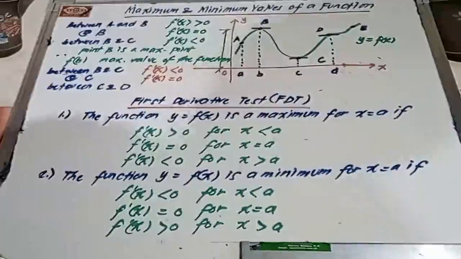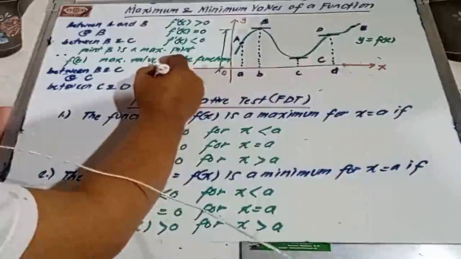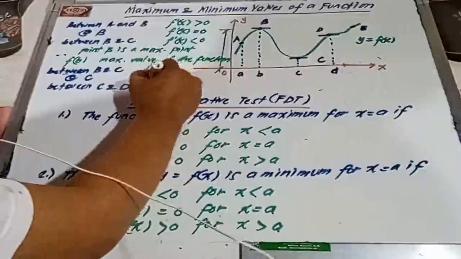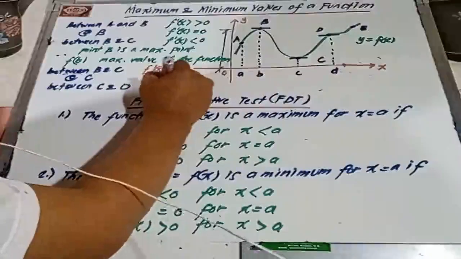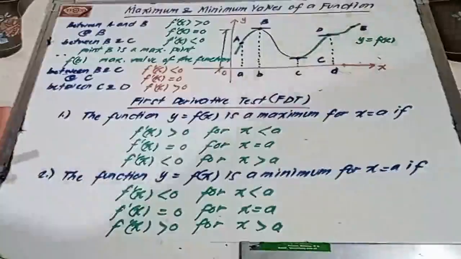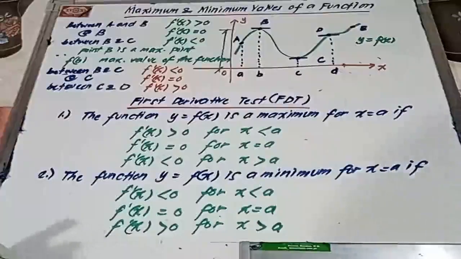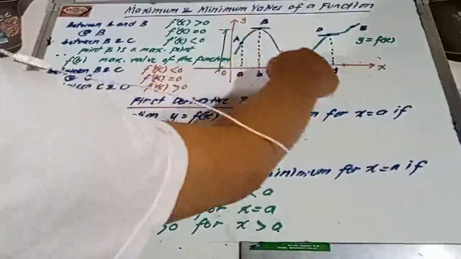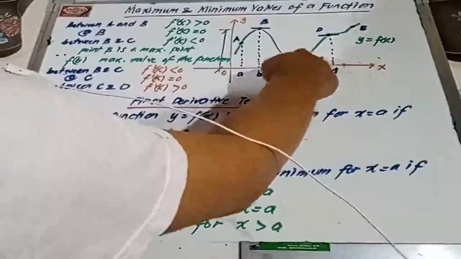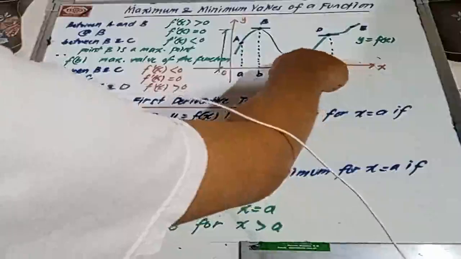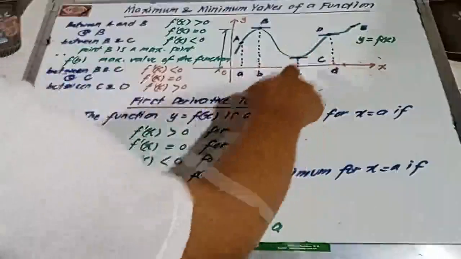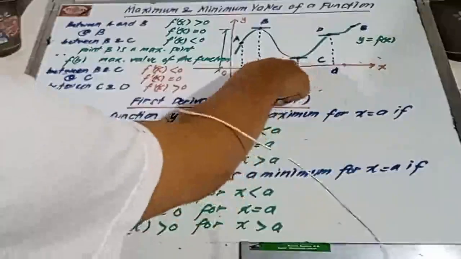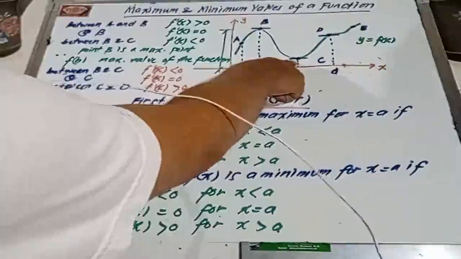ang ating slope naman dyan is positive or greater than 0. So pag ganyan ang behavior of the graph of the function, dito, negative ang slope, dito, 0, and then greater than 0 or positive, itong point na to, tatawagin natin minimum point.